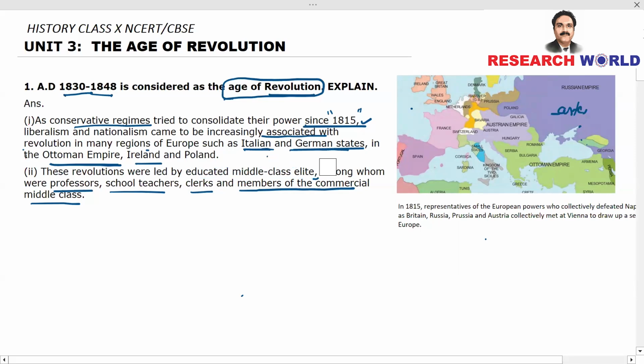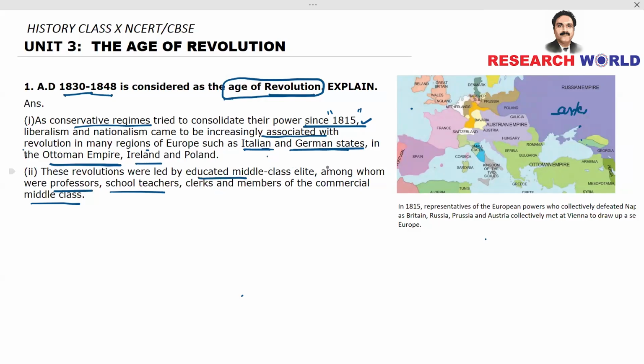This is also something which we have discussed, because the emergence of the middle class and the emergence of the business class, we have discussed that in the previous chapter. So this educated middle class elite, among whom were professors, school teachers, clerks, and members of the commercial middle class. Who are members of the commercial middle class?